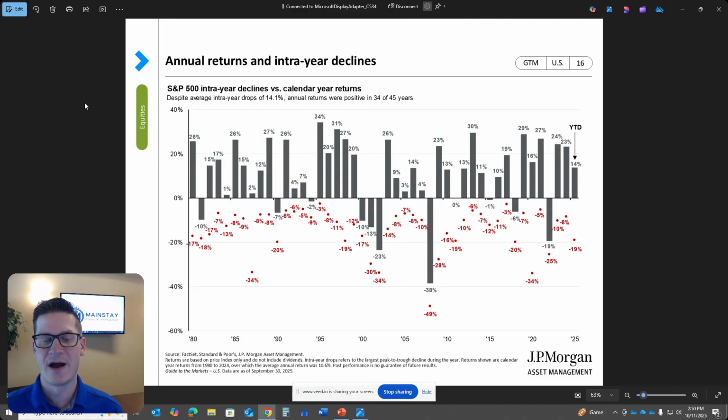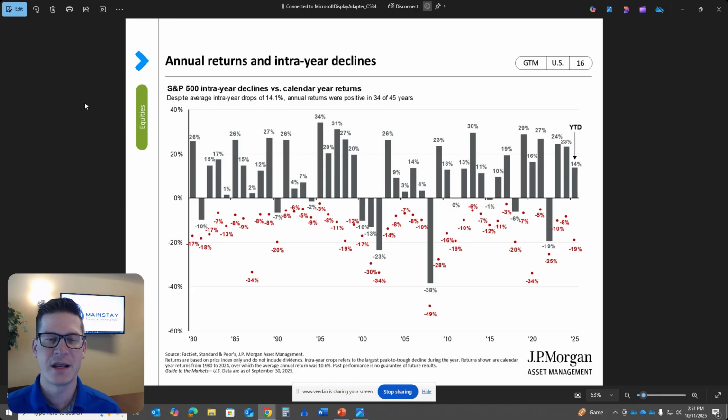In 2025, we've had a market pullback of negative 19%. That was obviously the beginning of quarter one of 2025, with all of the headlines about the tariffs. But up till the end of September, the market has increased in value by 14%.